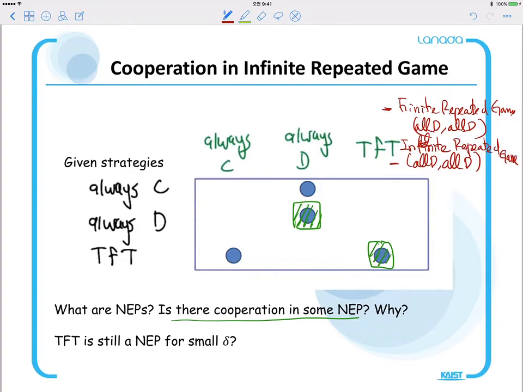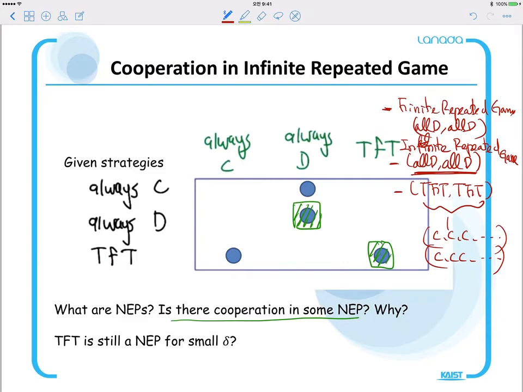But in the infinite case, at least we are talking about the pure Nash equilibrium, where we can have this as well as T for 10, T for 10. And what is the outcome of this strategy? That's C, C, C, C, C, C, C, C, C, C. That's interesting. Why is that?